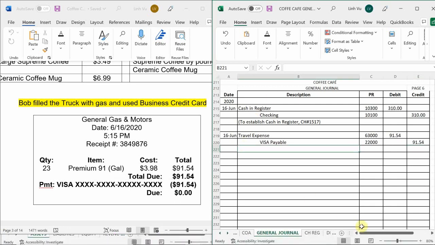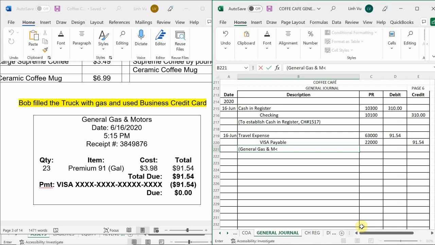So, what should my description say? I put where we went, General Gas and Motor, 23 gallons, premium 91. And you don't have to put Visa on there, but oh, it's got a receipt number. Be sure and add that in.